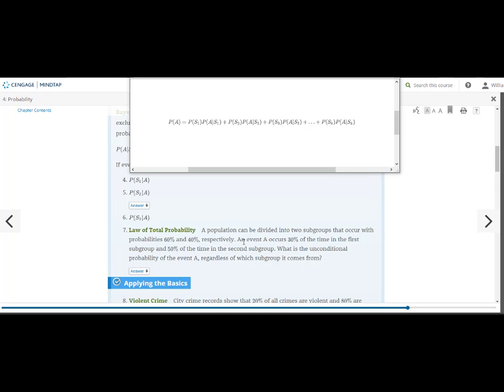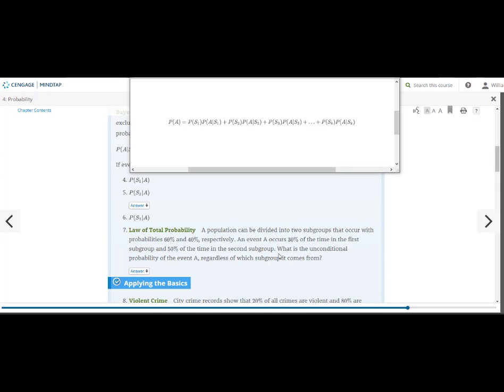An event A occurs 30% of the time in the first subgroup. How do we express that? Given that we're in S1, the probability of A is 30%, so the probability of A given S1 is 30%, and the probability of A given S2 is 50%. So not this way, but the other way around: A given S1, A given S2. That's the kind of information we're given here.